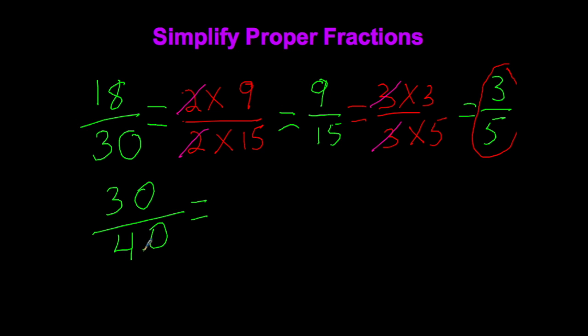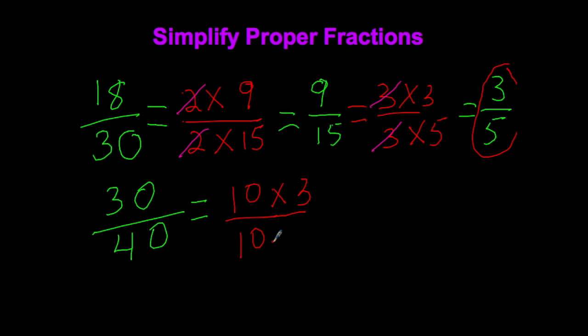Now let's look at 30 over 40. Although these two numbers are divisible by 2, because both of them end with a 0, they are also divisible by 10. So you can break this down into 10 and 10. What number you multiply by 10 to get 30? 3.